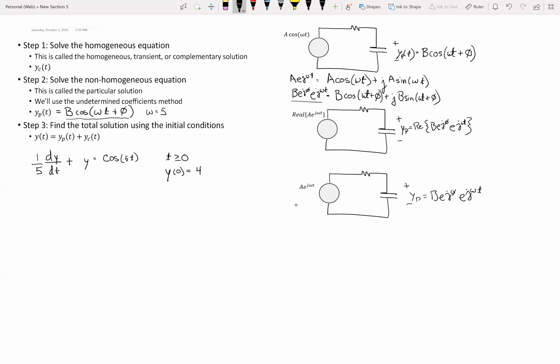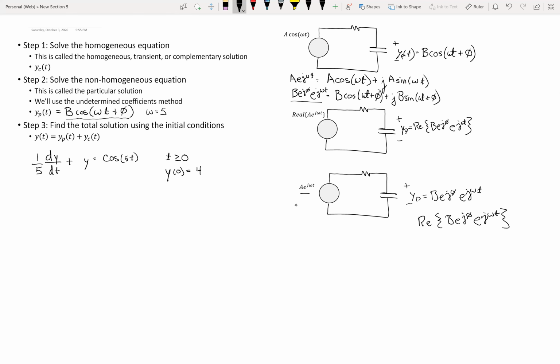What we just need to do in the end is take the real part of that result to get our answer. In other words, we can perform our analysis entirely in the complex domain using this idea of the dynamic phasor, and then at the end, just take the real part of the result. That's the approach we're going to take.